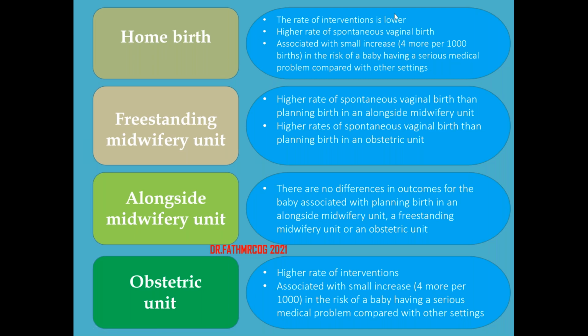In home births, the rate of intervention is very low and there is a high rate of spontaneous vaginal birth, associated with a small increase, about 4 more per 1,000 births, in the risk of the baby having a serious medical problem compared with the other settings. So regarding home births, there is low intervention and a high rate of spontaneous vaginal birth.